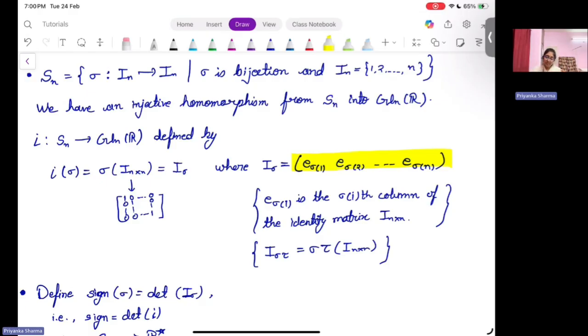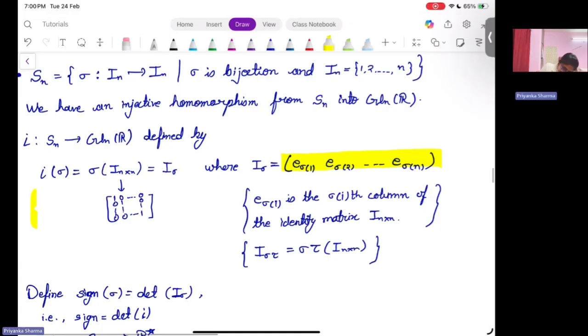Okay, so now the first column will not be 1 0 0 0 always. This will be the column with respect to sigma 1. So if here we have 1 2 up to n, and this will be sigma 1 sigma 2 sigma n. So suppose we have this sigma 1.